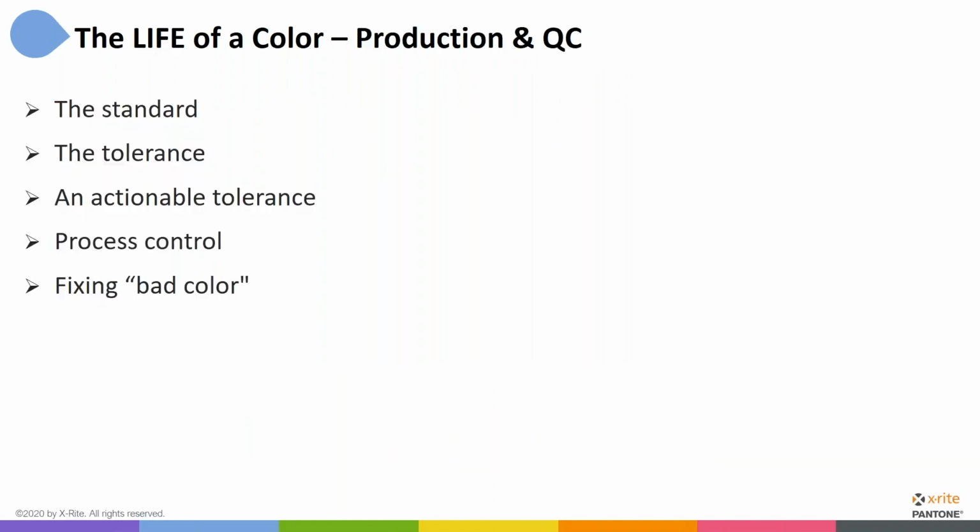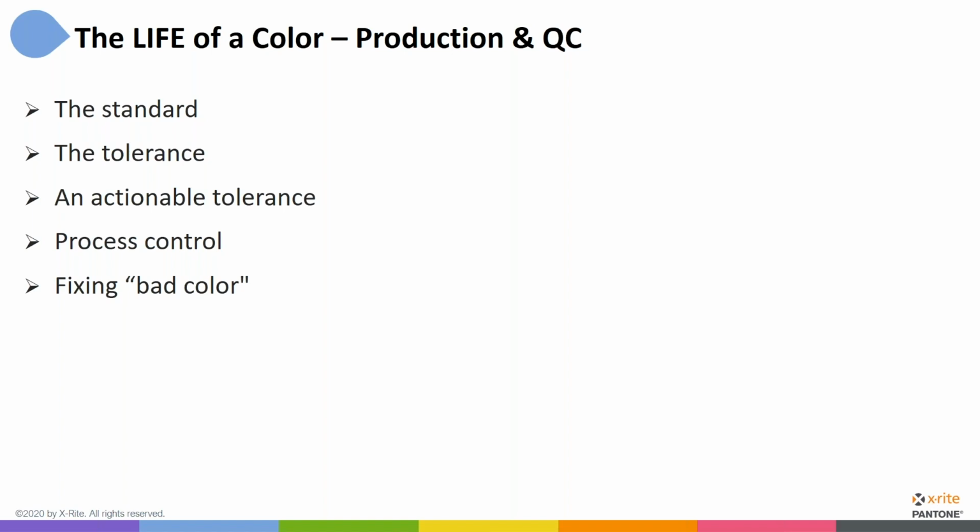So we've got a number of things to be concerned with. Number one, we've got to make sure we understand the standard, the reference, the color we're trying to make, Epiphany in this case, that we're aiming for the right thing. The second thing we've got to think about is the tolerance, and a couple of things about the tolerance. First of all, what tolerance are we going to use? And of course, tolerance simply means how much difference is acceptable.